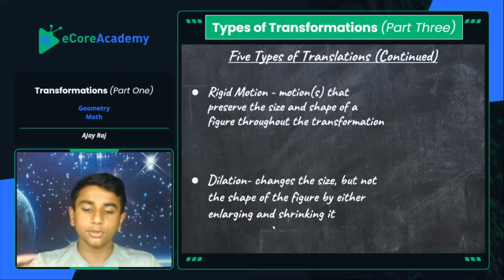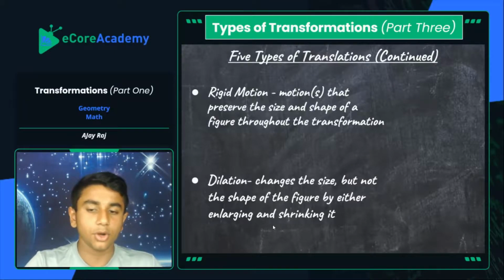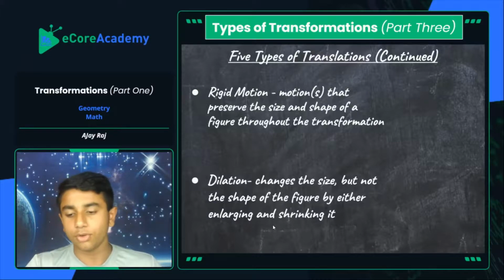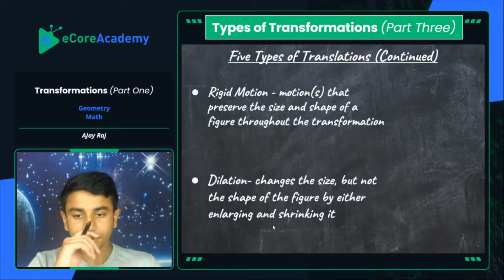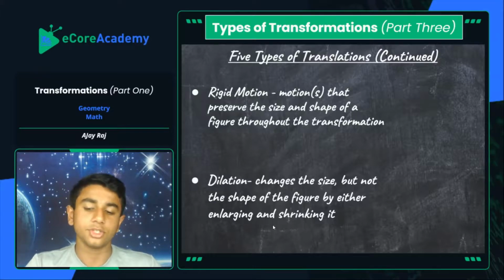And so thinking about the dilation, it changes the size of a figure, but not the shape, unlike every other transformation that we've come across, like a translation, a rotation, or even a reflection. Those three change the position of a figure, but do not alter its size or its shape, but the dilation alters the size of the figure.